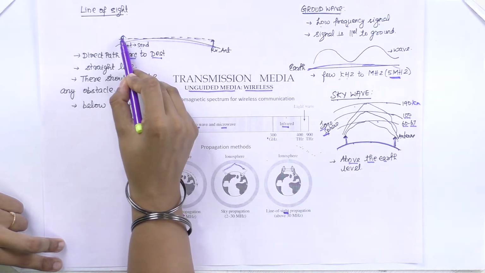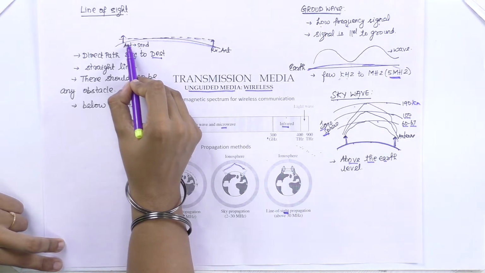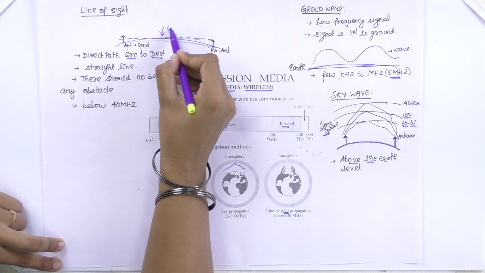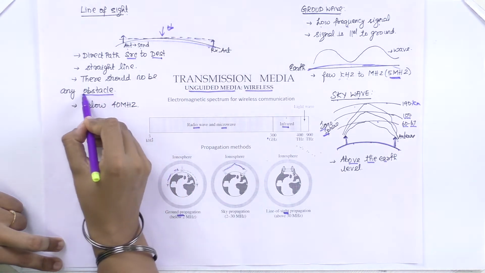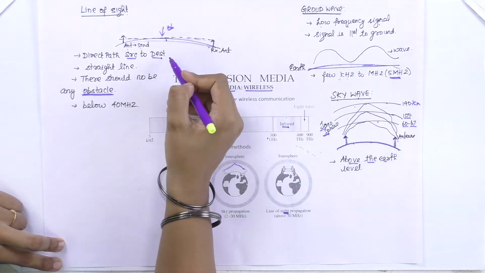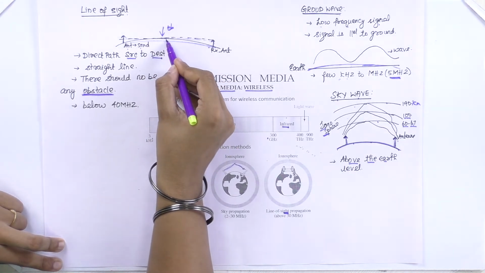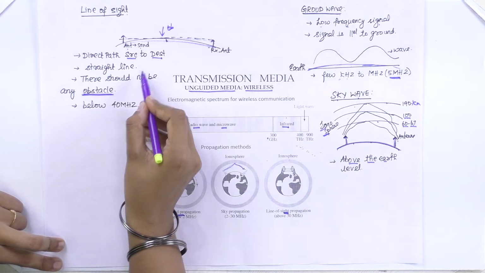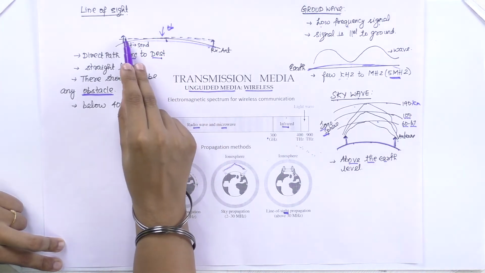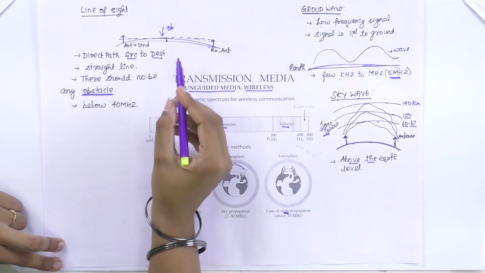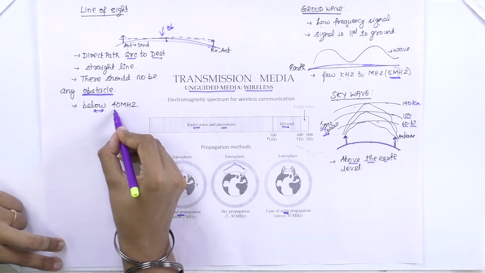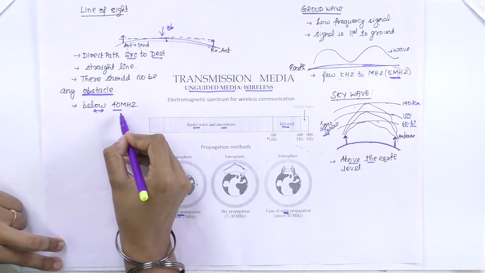Whenever your signal is traveling from a source to destination, there must not be any obstacles here. The obstacles will absorb whatever you are sending. So there should never be any obstacle when your signal is traveling in a line of sight. The frequency range can be below some 40 megahertz.